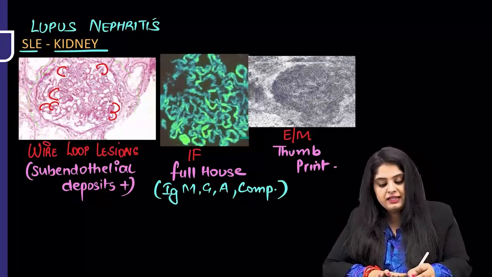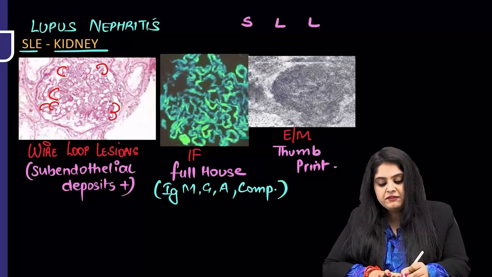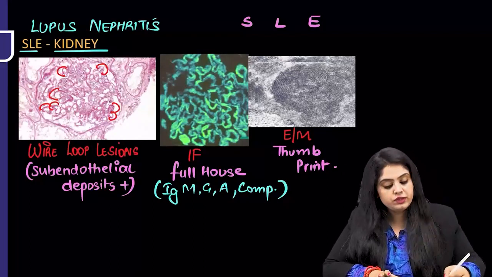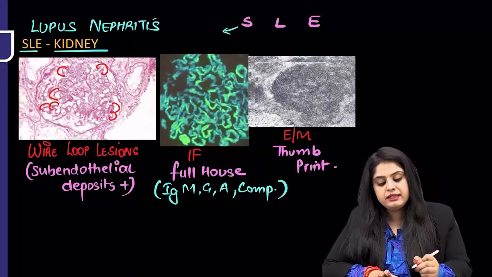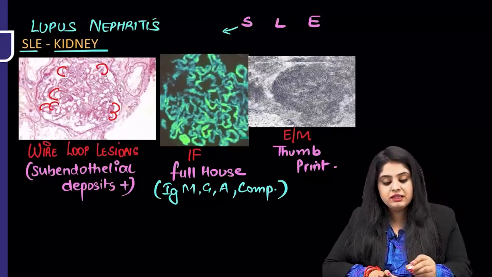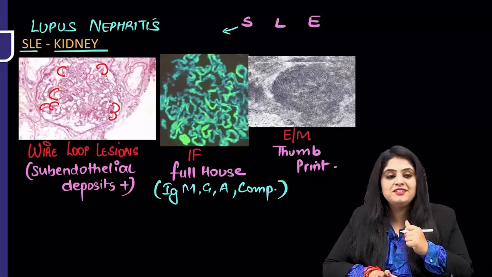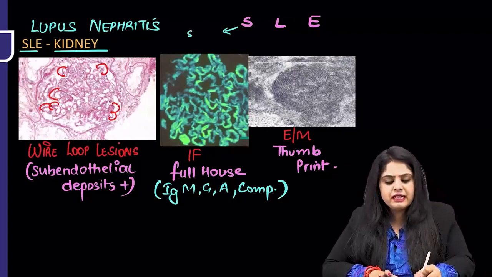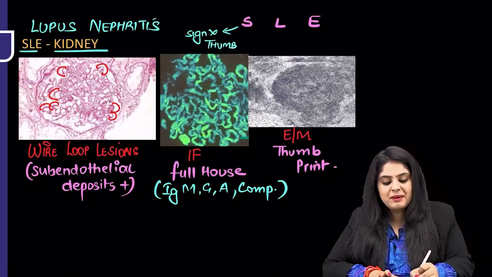So agar hum SLE likhe na, it will become very simple. If you write SLE, guys, please note, you will notice that S matlab that there is some sign. Sign matlab, ya fir in other words, what I have learnt it as, ke you don't know how to sign. When you don't know how to sign, karna hi nahi aata, to kya lagaoge? Thumbprint lagayenge, ma'am.